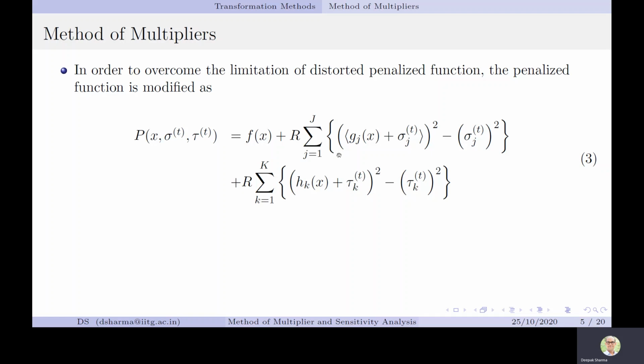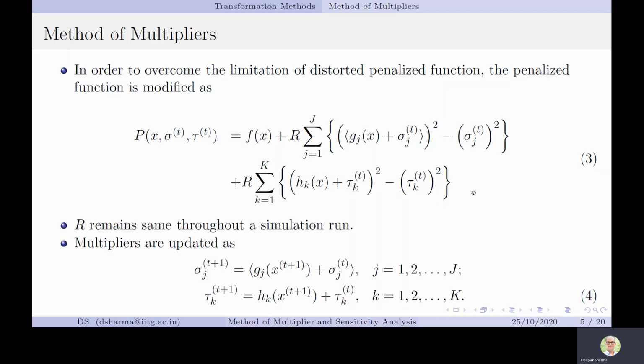Inside these curly brackets, we have the inequality constraint term: sigma j, then a bracket operator, and whatever be the outcome, we make a square, minus sigma j t square. Plus, similarly, in the equality constraint, we have R outside the sigma, and h k of x plus tau k, we make a square, minus tau k t square.